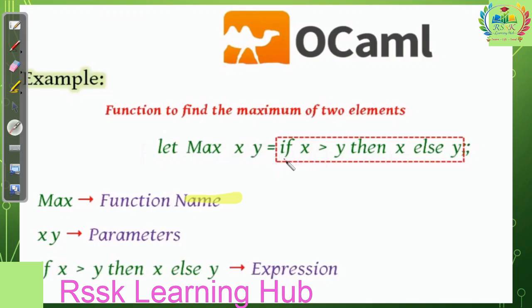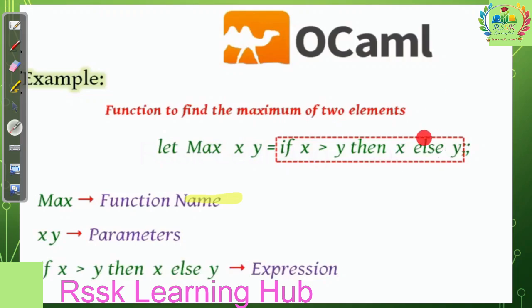Now see the condition part. If x greater than y, then x. This is your normal English. If x is greater than y, then automatically x will get printed.